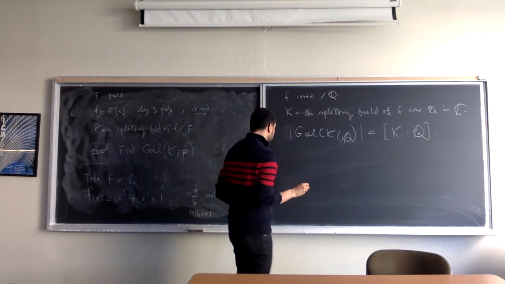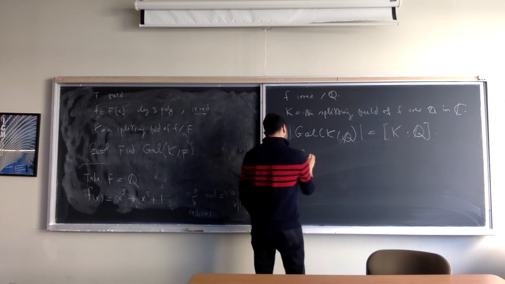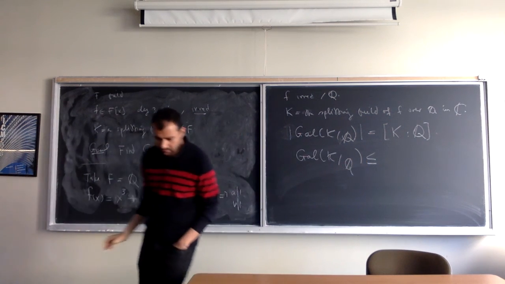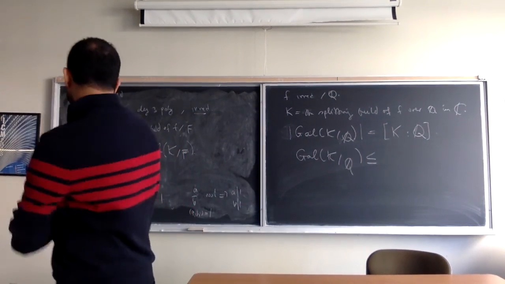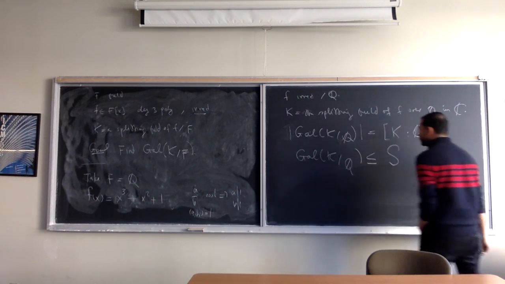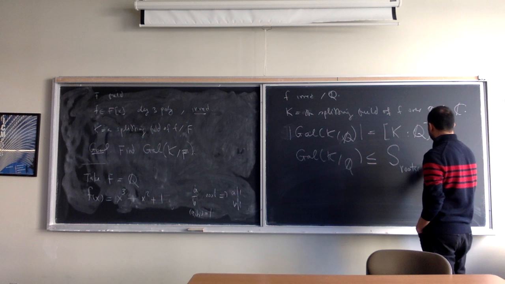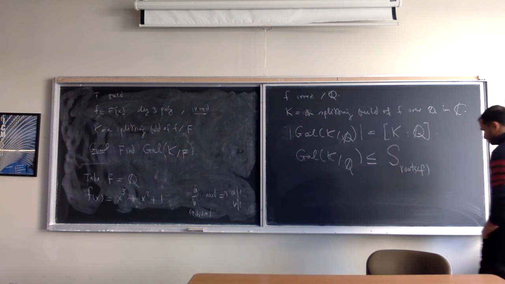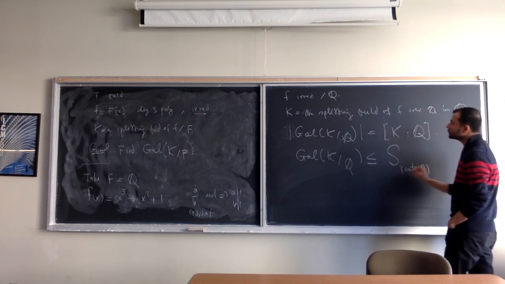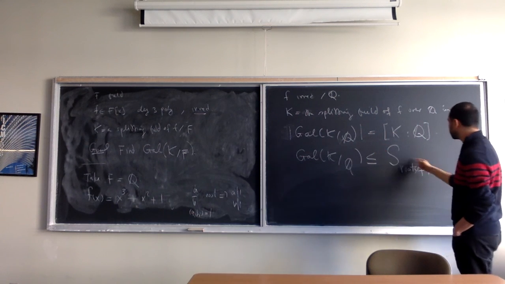Another result to keep in mind, which is what we did in the last video, is that you can think of the Galois group of K over Q naturally as a subgroup of the symmetric group, the group of all permutations, on the set of roots of f in K. So in this case, how many roots does f have? f is degree 3, so there are going to be 3 roots.